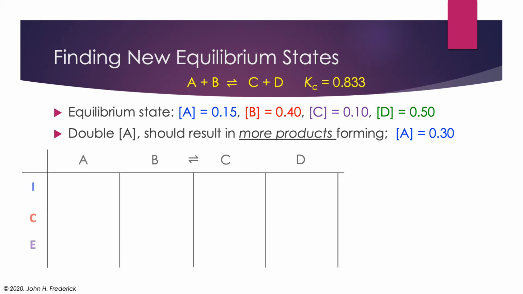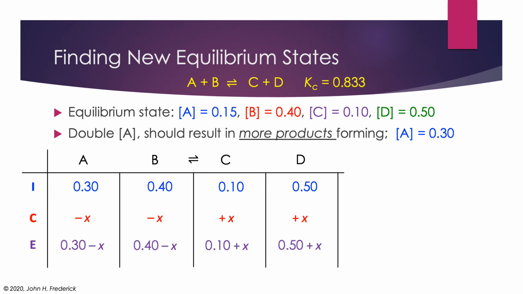So now I'm going to set up my ICE table. I know what my concentration of A is, and my concentrations of B, C, and D are the same as they were previously. I haven't changed them. Okay, what about the increment of change? Well, again, through my own choice, I have a reaction where all of the coefficients are 1, so my increments of change are minus x and minus x for A and B, plus x and plus x for C and D. So now when I add these two rows together, I'll get the expressions for the equilibrium concentrations of each of these species.